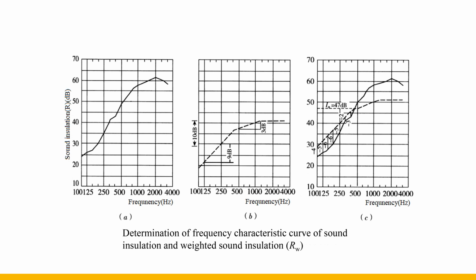At this time, the intersection point of the two curves is the intersection point of the reference curve 0 dB and 500 Hz. The value of the ordinate of the intersection point on the sound insulation frequency characteristic curve is 47 dB. That is, Rw is 47 dB.